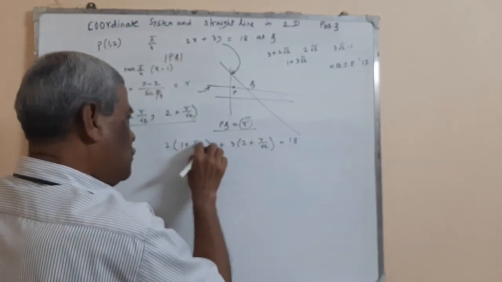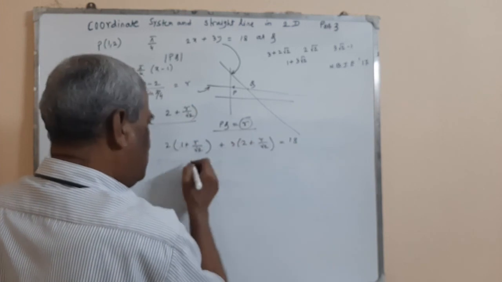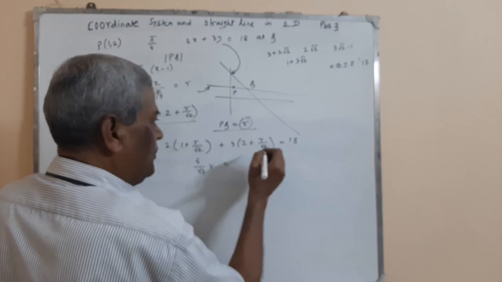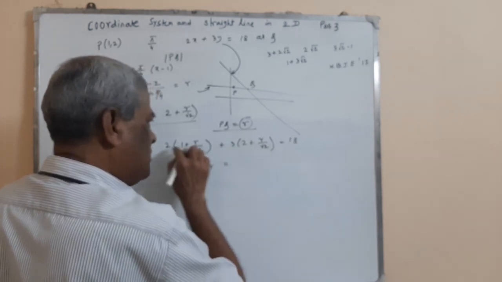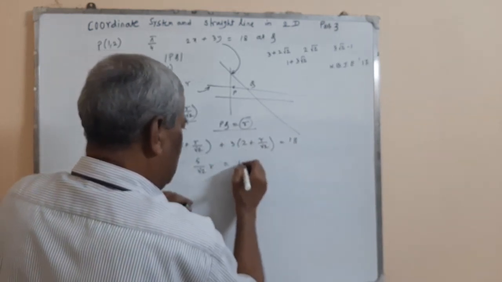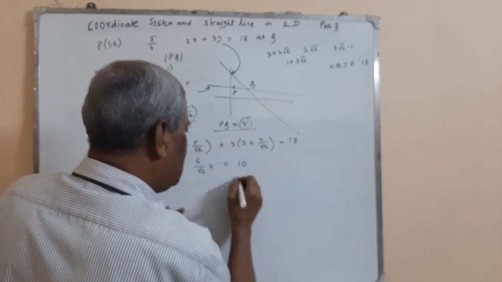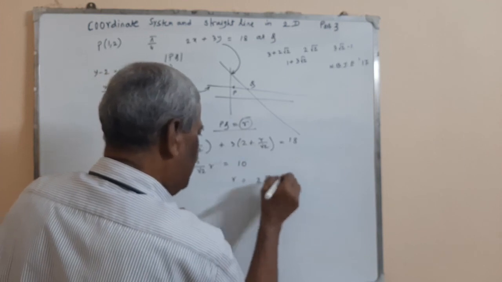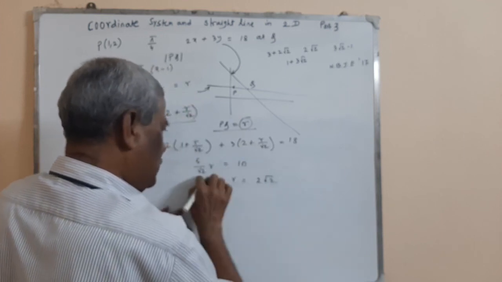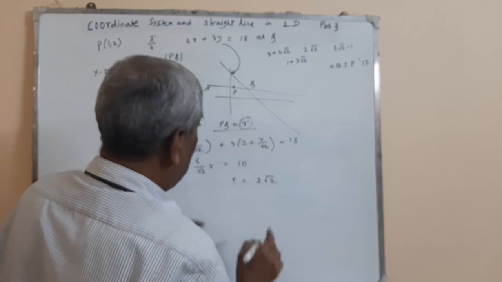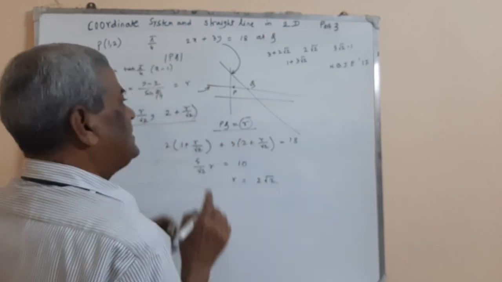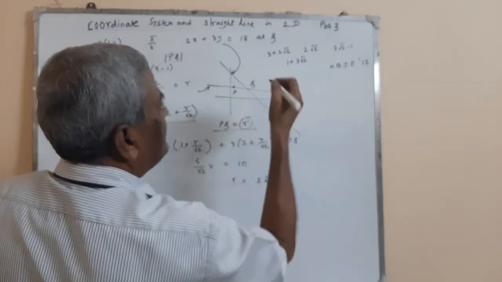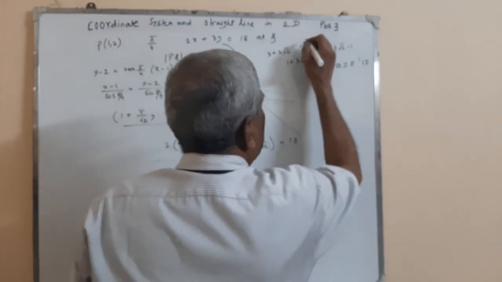So therefore 2 by root 2 and 3 by root 2, so 5 by root 2 into r is equal to 18 minus 6 minus 2, 10. So r is equal to, 5 cancels with 2, 2 into root 2. R is equal to 2 root 2. And r is our required distance from the given point to the required point. So answer is 2 root 2. This option is correct.